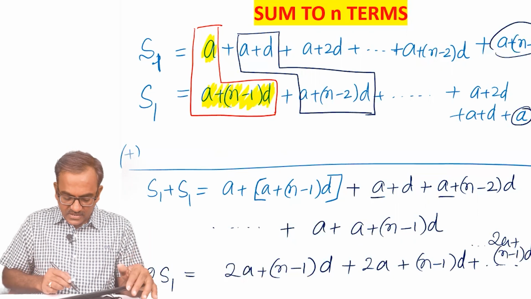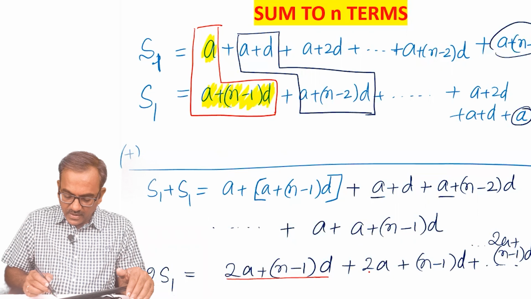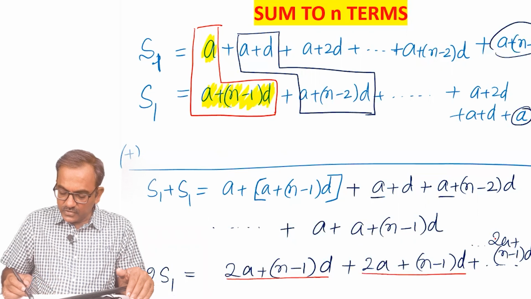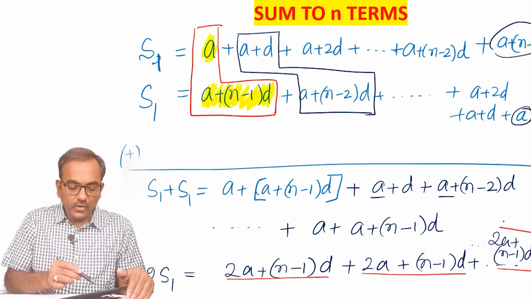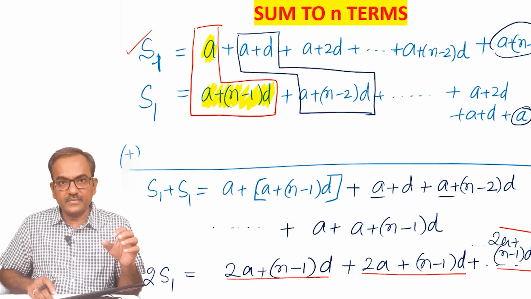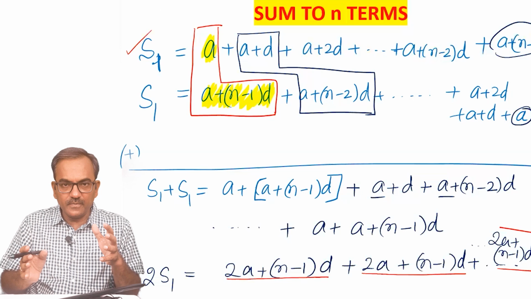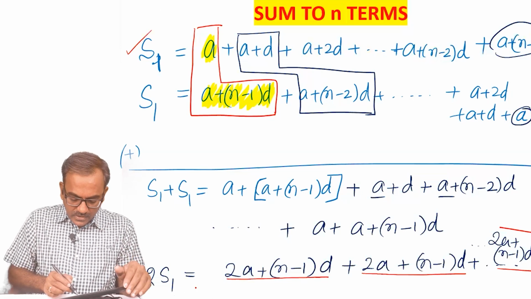So how many such terms am I getting? Take a close look. This is one term, this is one term, and so on. Of course, I started by considering the AP with n terms, so I should be able to get n such terms.